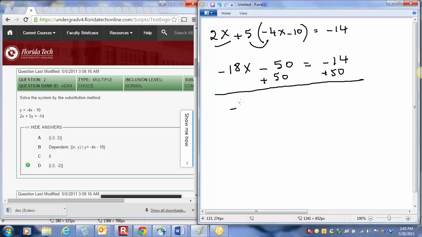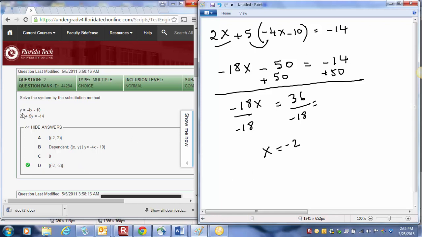And then I'm going to get negative 18x. Now if you subtract 50 minus 14, that would be 36. It's a plus 36 because 50 is more positive. And if you divide both sides by negative 18, 36 over negative 18, x is negative 2. So we need to find the y now.